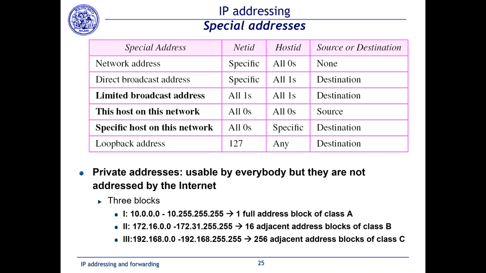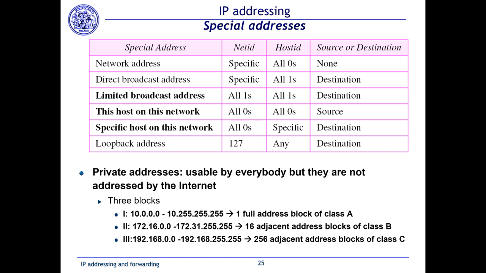So if you start by counting the number of interfaces, which includes both host interfaces and interfaces of routers that are connected to that network, then you have a requirement in terms of the number of hosts that must be addressable, or the number of addresses you need in that network.